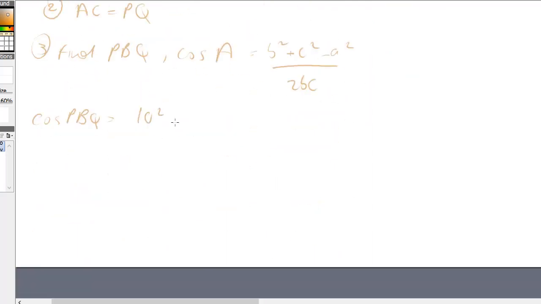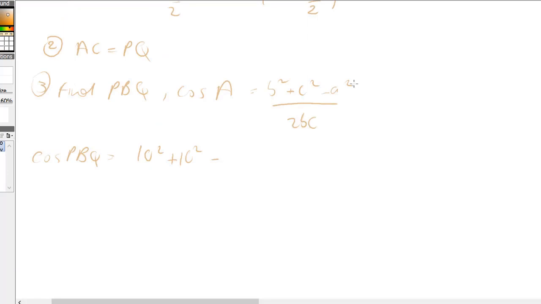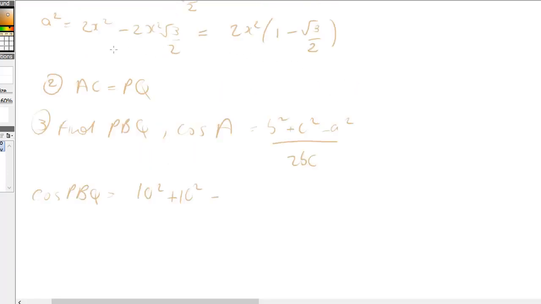So 10 squared plus 10 squared minus, so now we have the a squared. For the a squared we're going to use what we had here before. So 2x squared minus 2x squared square root of 3 over 2. Okay, and then this is going to be over 2bc, so 2 times 10 times 10. So this is 100, so that's 200.